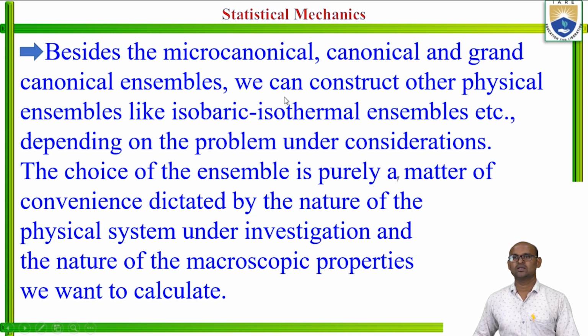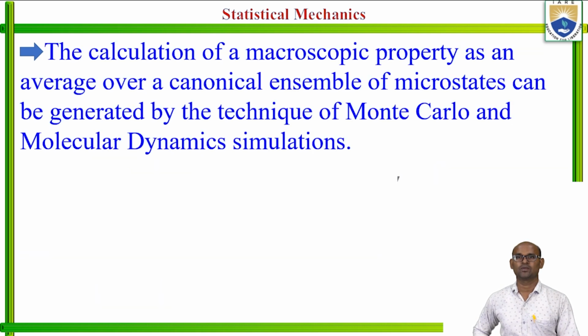So besides the microcanonical, canonical and grand canonical ensembles, we can construct other physical ensembles like isobaric and isothermal ensembles, depending on the problem under consideration. So the choice of the ensemble is purely a matter of convenience, dictated by the nature of the physical system under investigation and the nature of the macroscopic properties which we want to calculate.